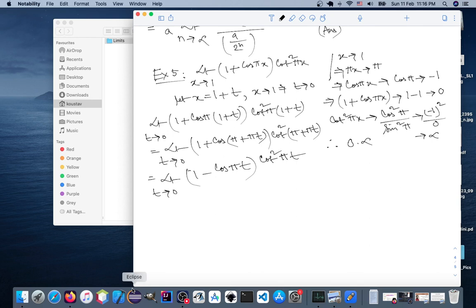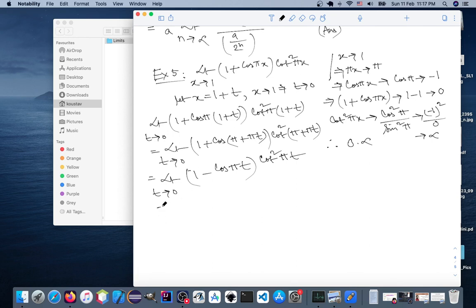So over there we will get cos square pi t by sine square pi t, and from here I think we can utilize the standard result: limit x tends to 0 of sin x by x equals 1.